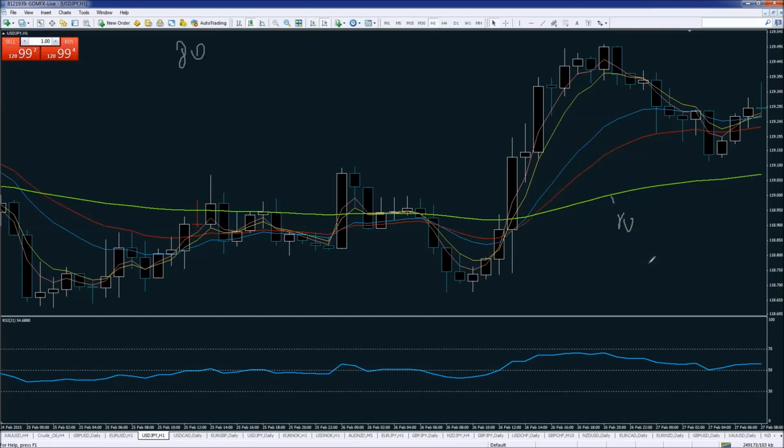When the price crosses upwards over the green one, which is the 80 exponential, it signals an uptrend. The downward crossing signals a downtrend, of course.